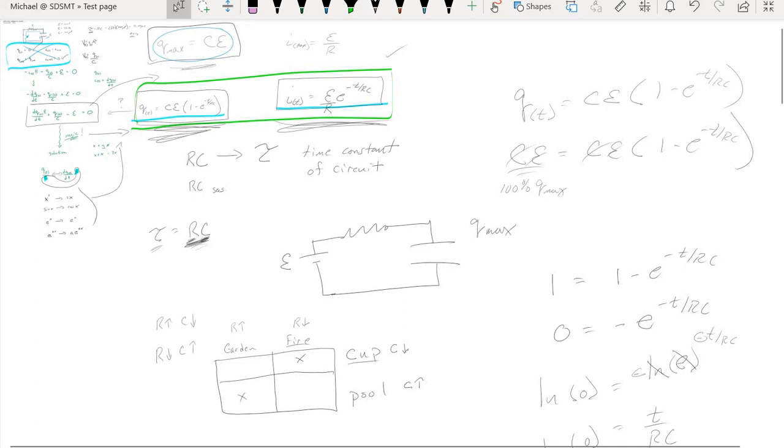And with that, we bring ourselves not only to the end of Chapter 27, but also to the end of the circuits portion for this course. In Chapter 28, we will begin our discussions on magnetism, magnetic fields, magnetic forces.